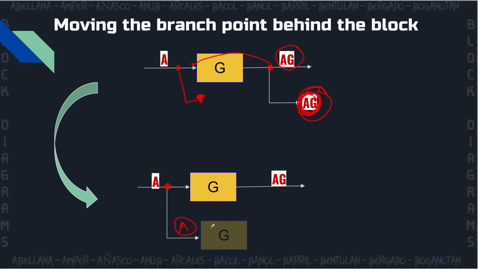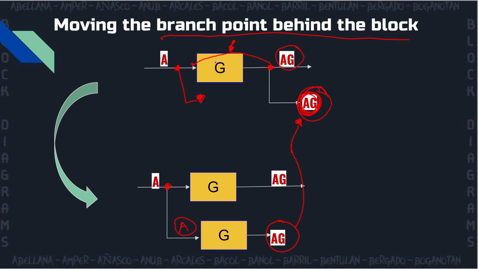All we have to do is add a block G, because when we take the output of this, it would be AG, which will be the same as the previous one. To sum it all up, if you want to move the branch point behind the block, all you have to do is multiply it by the block that you moved it behind.